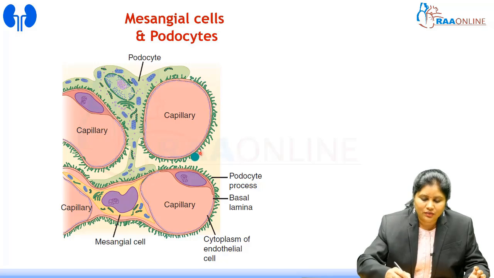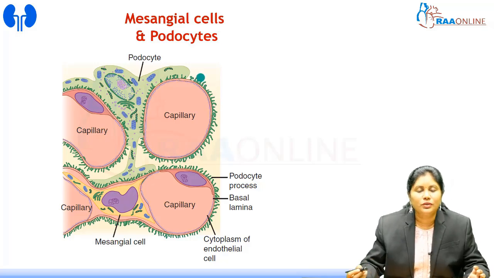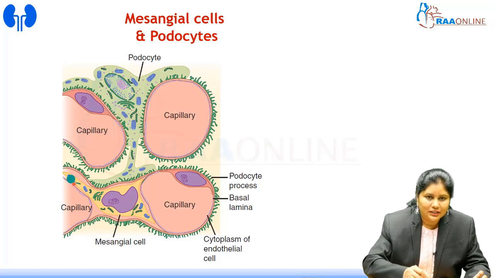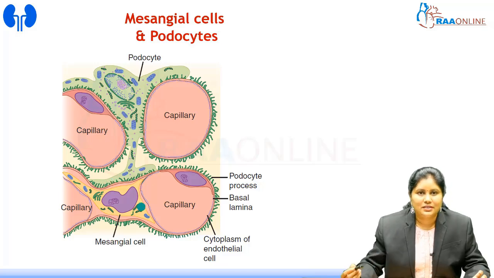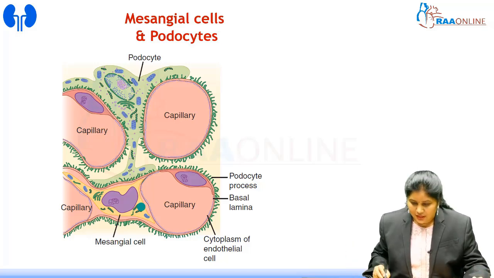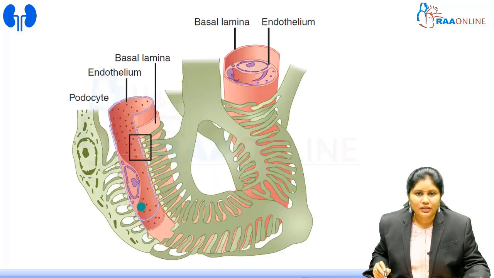All these green color finger-like projections are nothing but the foot processes of the podocytes. Okay. And you can see a yellow color cell here. This is a mesangial cell. They are present in between the capillaries. These are the mesangial cells, and that has also got some significance. We will discuss later. Right.